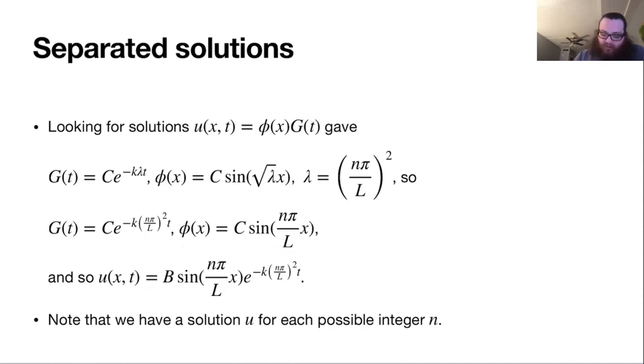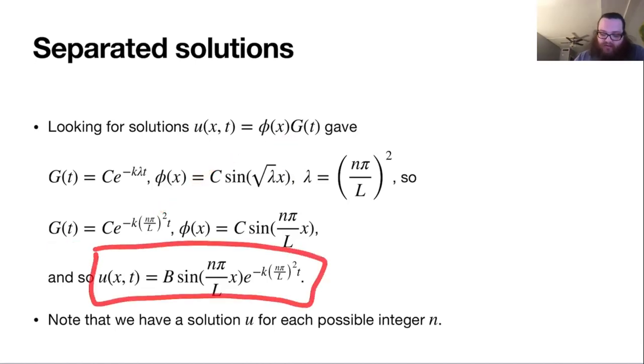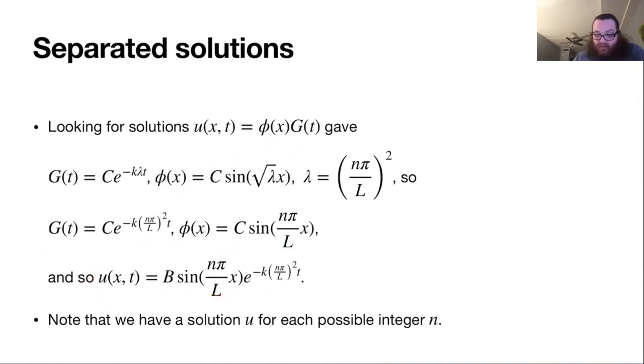Plugging each of these into our product solution, we conclude that our product solution is going to be some constant, which I'm calling b, times sine of n pi over l x times e to the minus k (n pi over l) squared t. Note that we have a solution for every possible integer n.